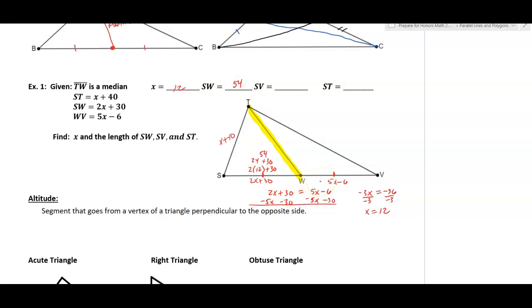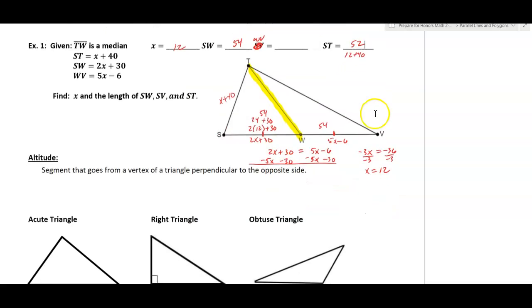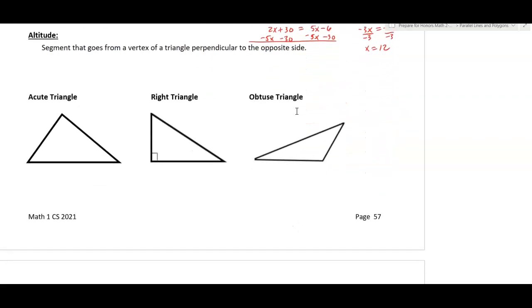Since SW and WV are congruent, I know right away WV is going to be 54. And then ST, sorry, this should be WV. ST then would just be 12 plus 40, which is 52. Okay, that's all based off of given the median.